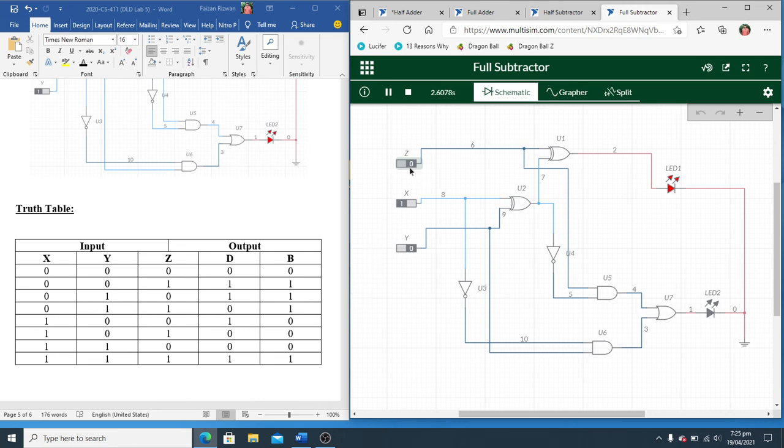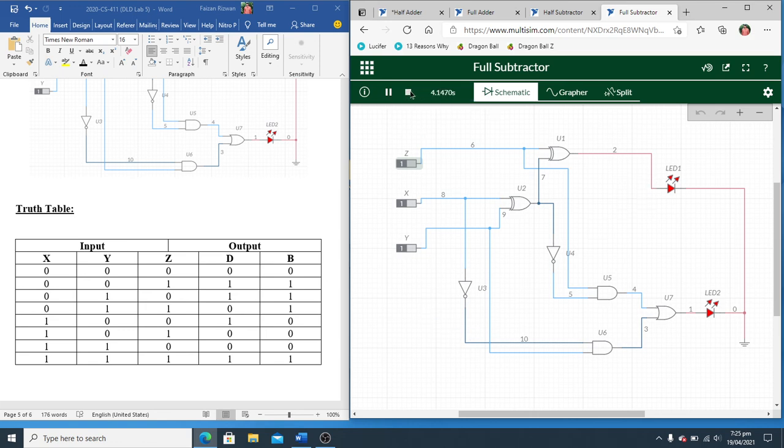When X and Z are 1, then both of the LEDs do not glow, so the output is 0. When X and Y are 1 and Z is 0, then again D and B are 0. When all of the inputs are 1, then the outputs D and B are 1.